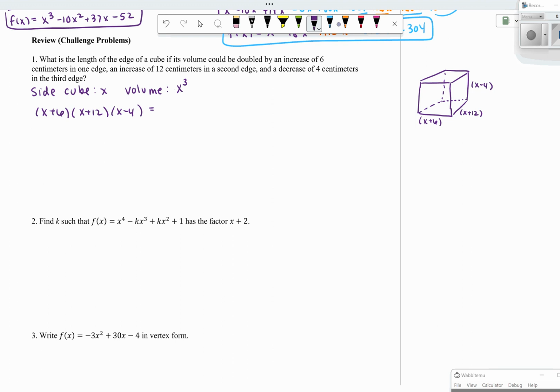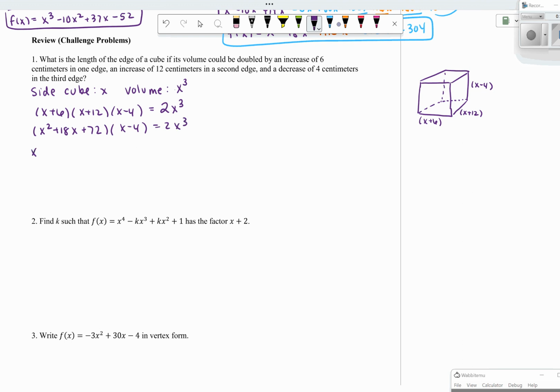So if the volume is x cubed, that would be 2x cubed. So let's go ahead and FOIL this out. So that gives us x squared, and then 6 and 12 is 18, so plus 18x, and 6 times 12 is 72, so plus 72, and then x minus 4. And so then we FOIL this again, so it's equal to 2x cubed.